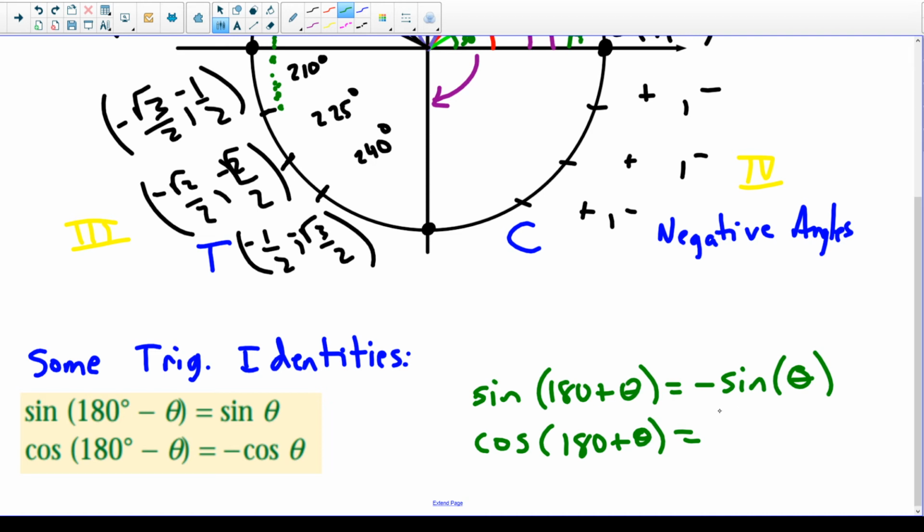Basically I'm asking you, is it positive cos theta or is it negative cos theta? And I hope you can see that it would be negative cos theta as well, because you'd still be in the third quadrant and you're doing the horizontal distance.